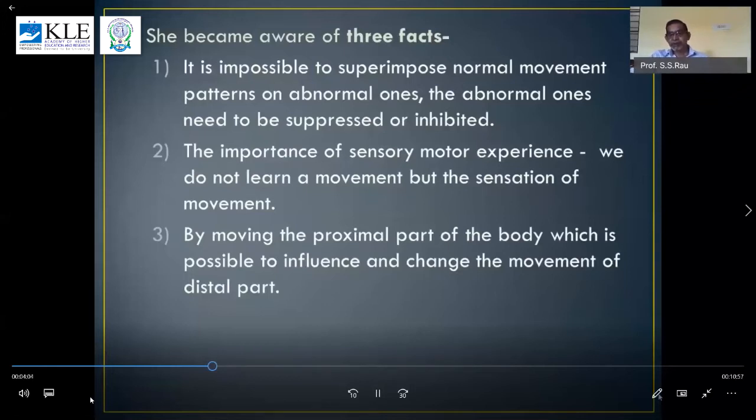Second, the importance of sensory motor experience, because it is a movement pattern that we learn, a sensation of movement we learn, not an individual movement. And third, by moving the proximal part of the body, it is possible to influence and change the movement of the distal part.